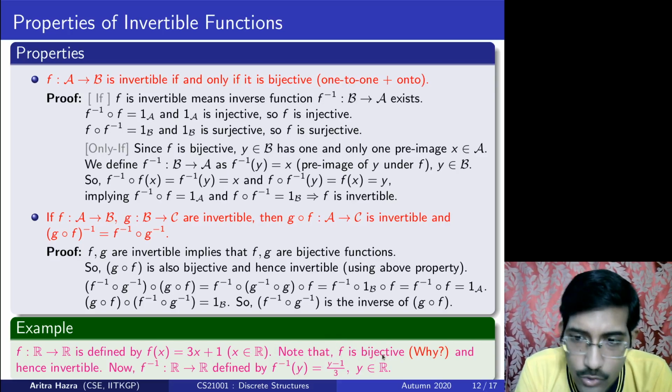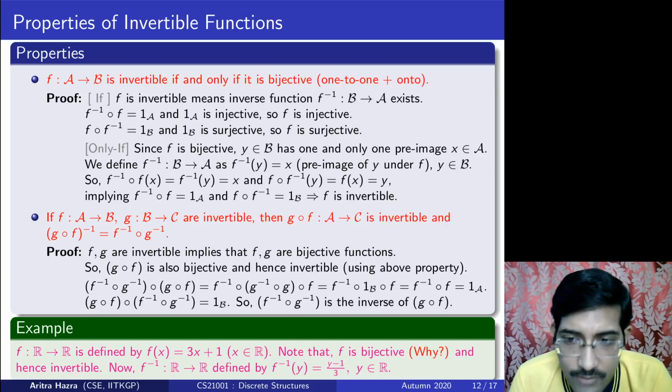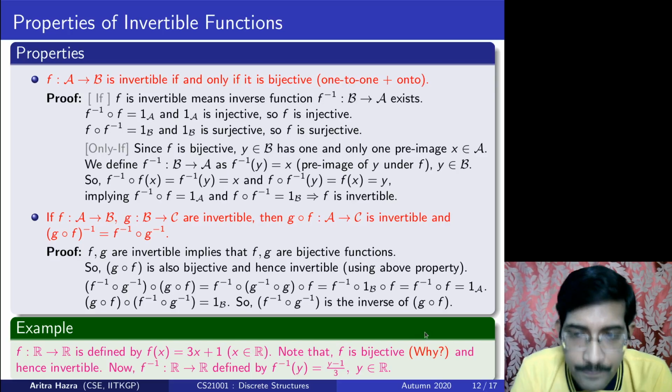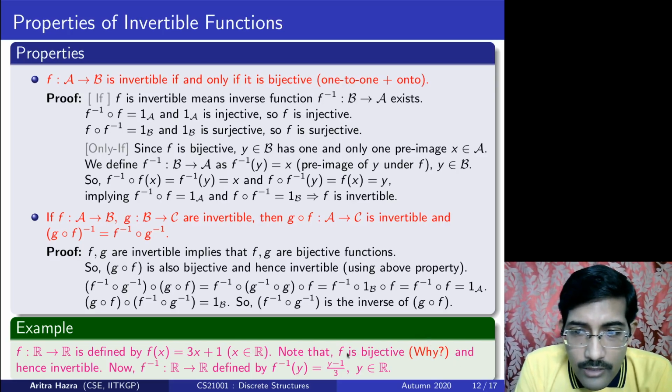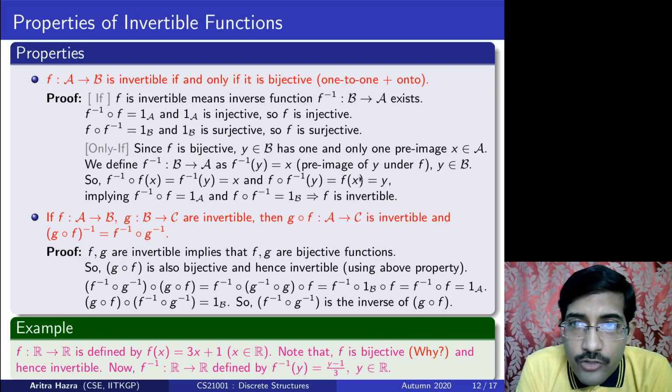You can show that it is injective and surjective, hence bijective. I kept it for you, because to show this you can use the concepts provided in the previous lecture. Now, since f is bijective, f must be invertible as per the first theorem here.